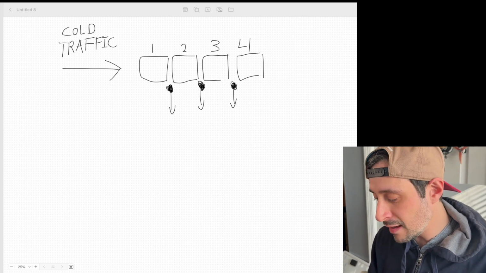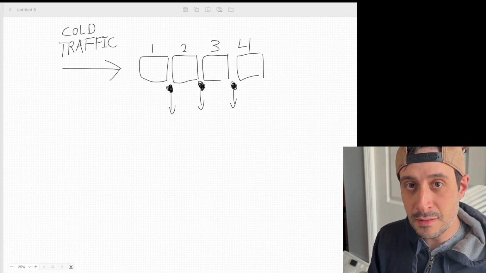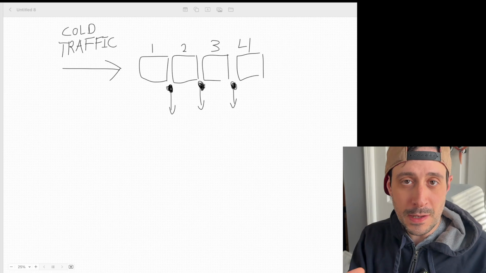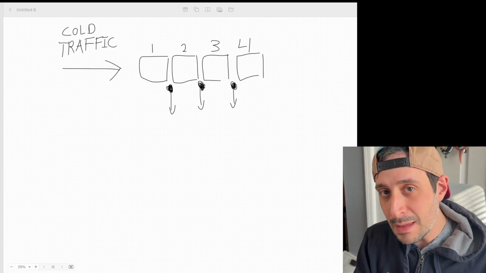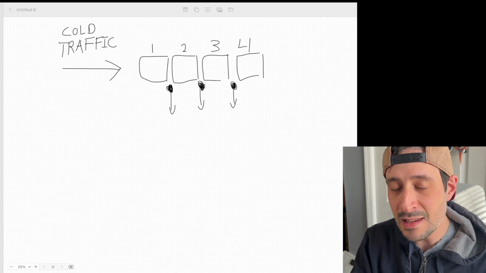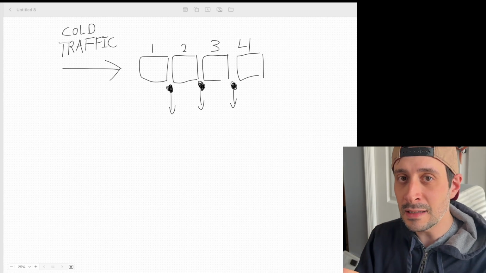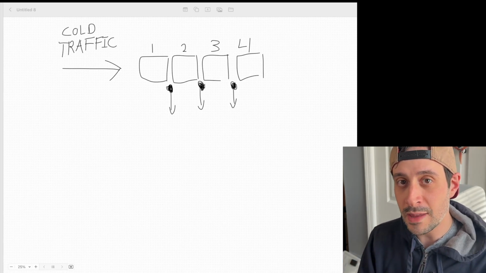Person C might see ad 4 and 1. And then person D might see all of the ads, right? So just because it might seem like a good fit for all these people, there's a good probability that not everybody's going to see each ad. The delivery system takes care of deciding based on signals who to show the ad to.